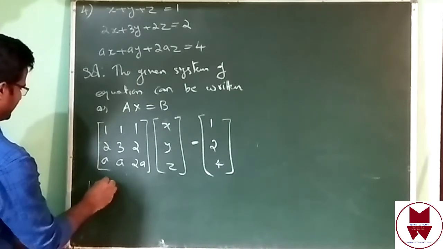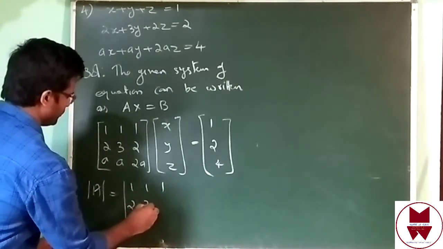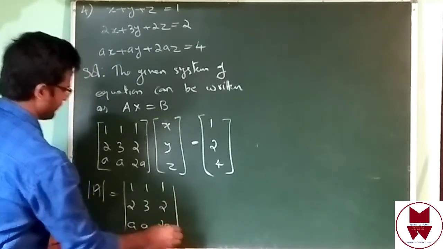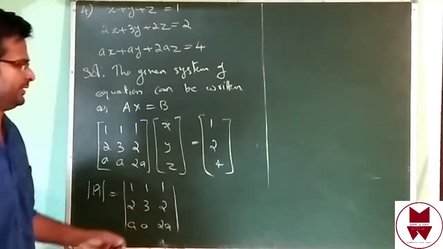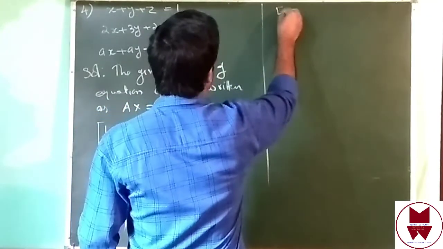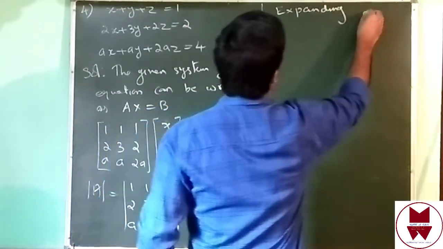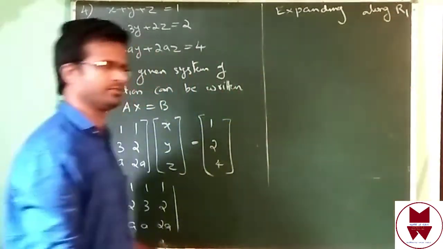Then find the determinant of A. The determinant of 1, 1, 1, 2, 3, 2, a, 2a. Then we can expand this determinant along R1, the first row. You can use the first row; any row you can use.